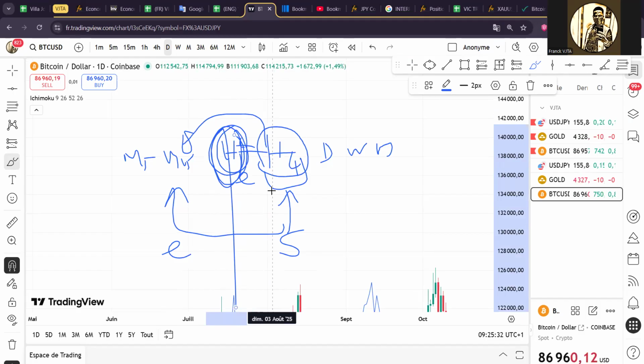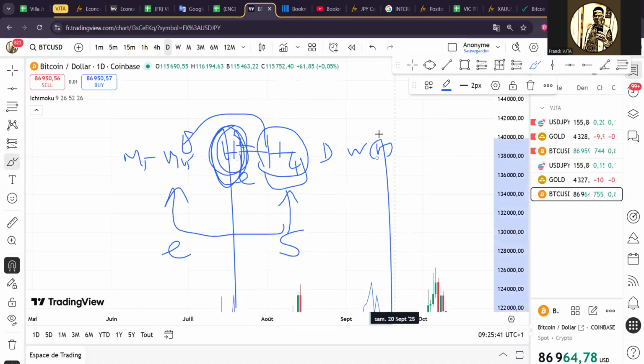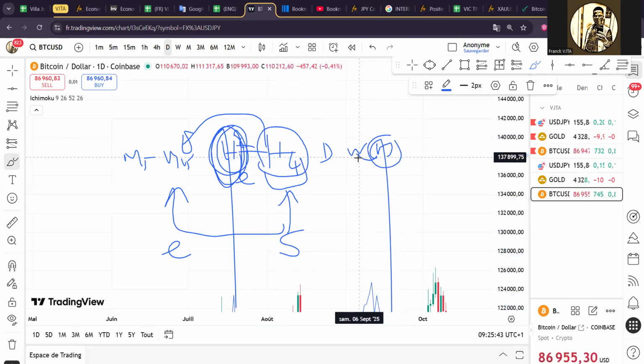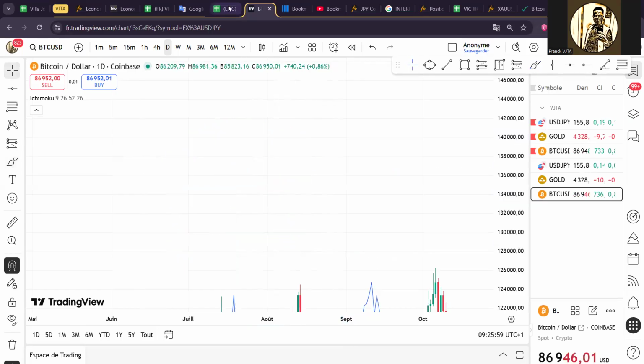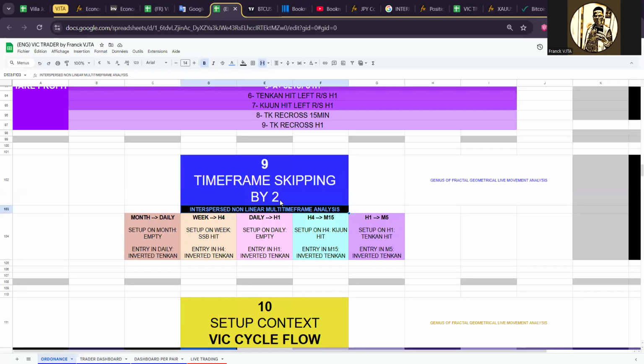That's the time frame skipping by two technique. Linear means that if you are in monthly, you go directly to weekly on this line, right? But since it is non-linear, you skip weekly and go instead to daily. You skip one checkpoint. Okay, so that is what the time frame skipping by two technique is.